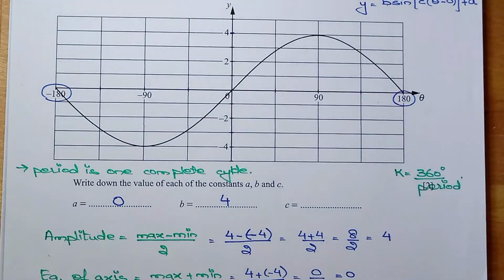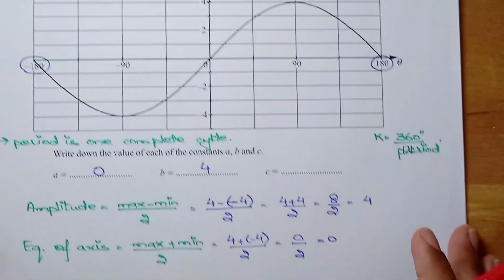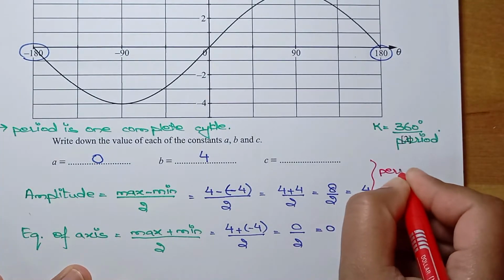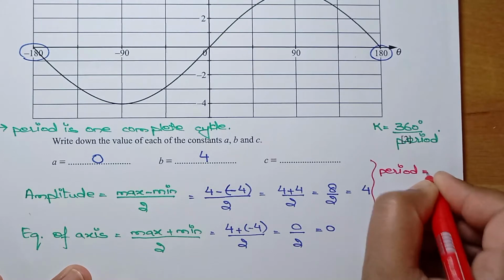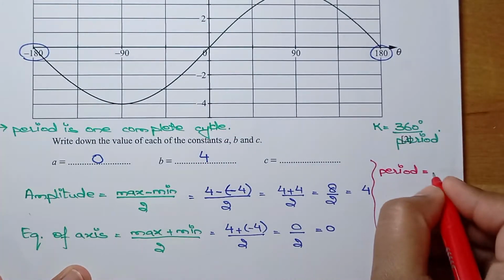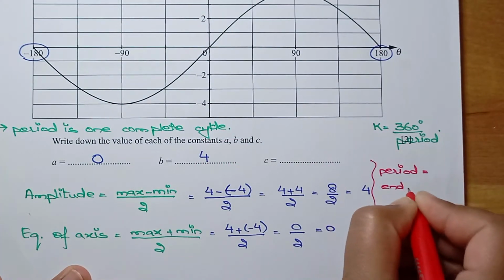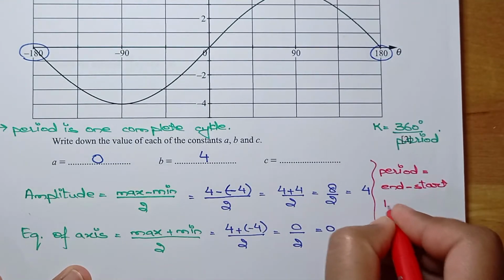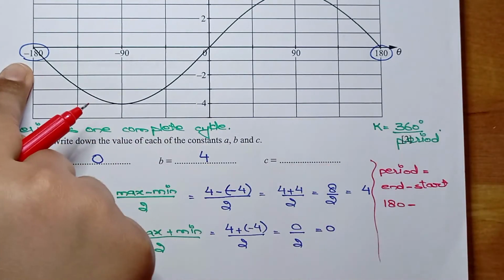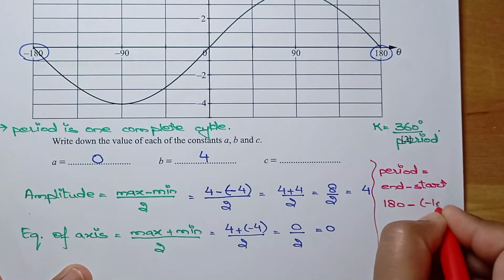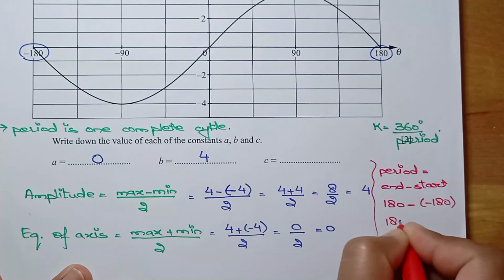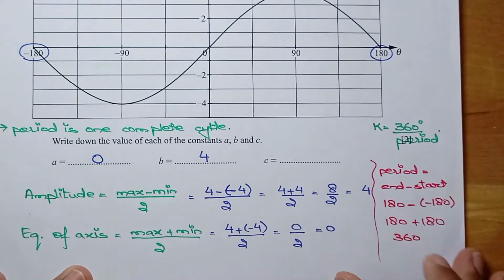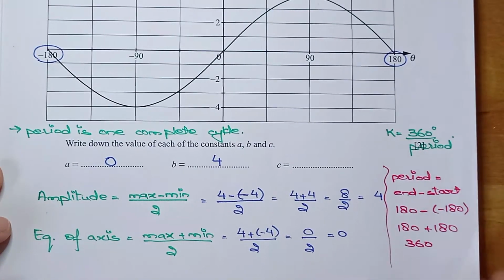So period we can find, if we are given the curve, by using the formula end minus start. End minus start means the ending point, that is 180, minus the starting point, that is minus 180. So this is 180 plus 180, which is equal to 360 degrees. Okay, so we got the period for this curve is 360.